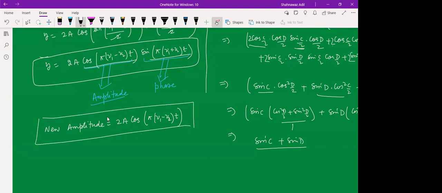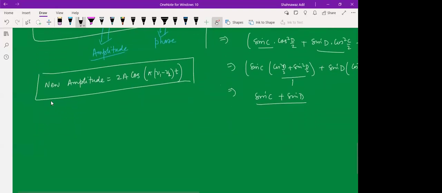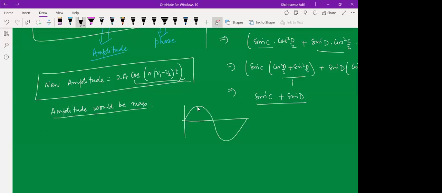So we see that when this amplitude would be maximum, this part would be plus or minus 1. So this is the amplitude.